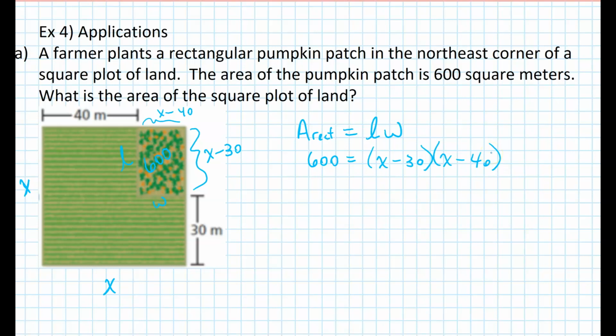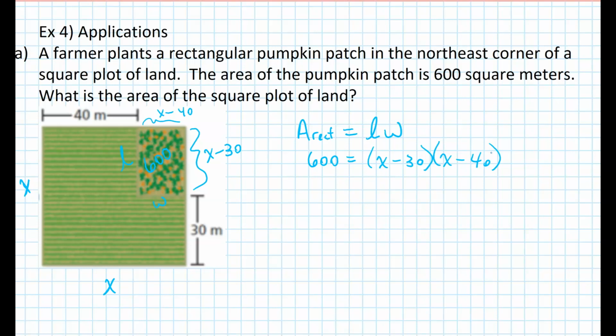Is this a quadratic equation? It is. Can I set this up as x minus 30 equals 600 and x minus 40 equals 600? No. What did we say? It has to be equal to 0. The only time this works is with the zero product property.